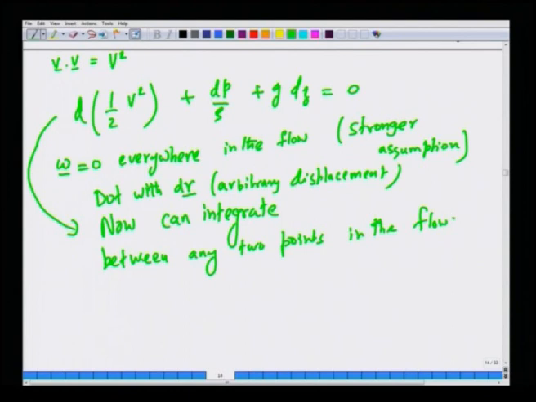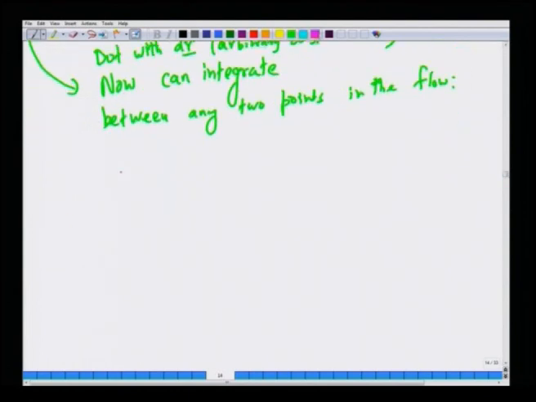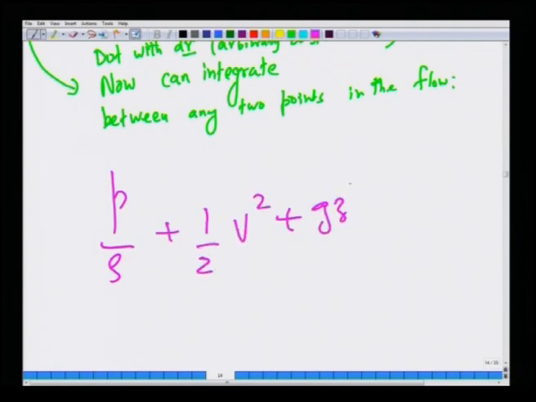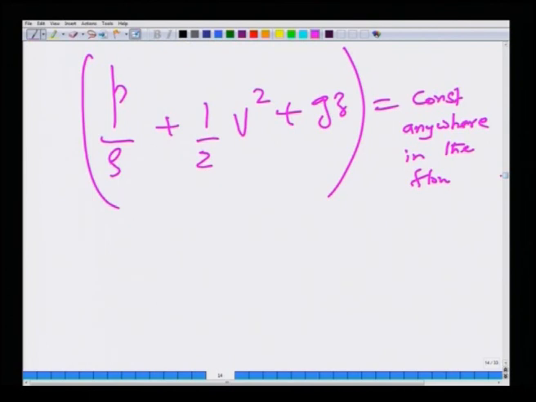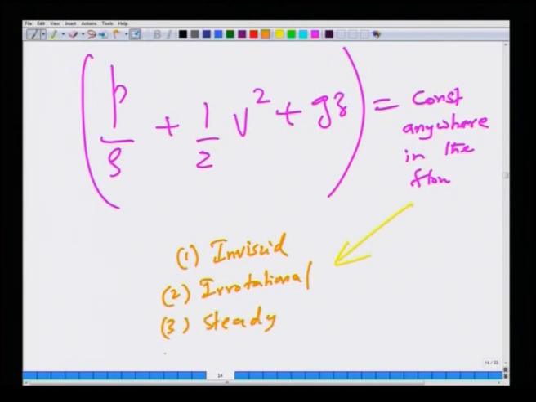Then again you will get the same equation, P by rho plus half V squared plus G Z is constant anywhere in a flow, provided the flow is inviscid, irrotational, steady, and incompressible.